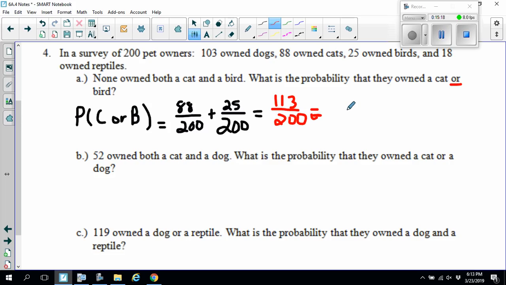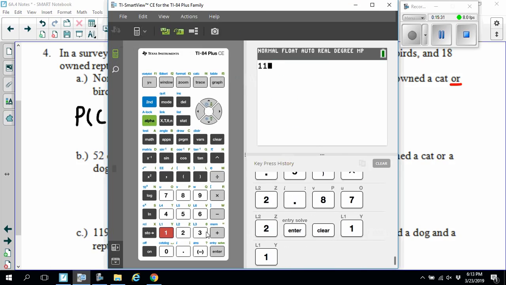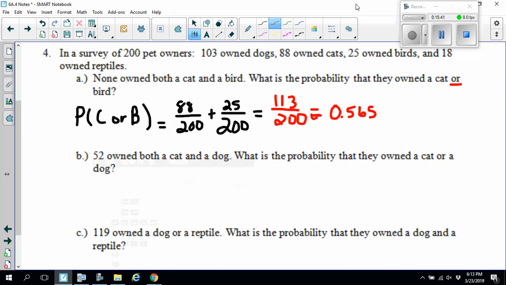So it should give you approximately 0.565. And I'm going to make sure we have it to 4 decimal places because I want to keep it the same throughout the notes. Well, it terminates, so that's why we don't have anything more. So remember, if it just terminates, then you don't need to round to 4. So that'll be our final answer there.